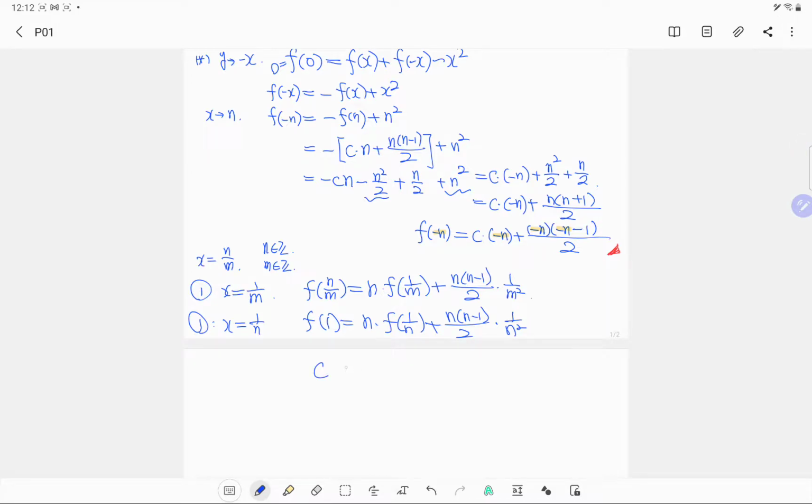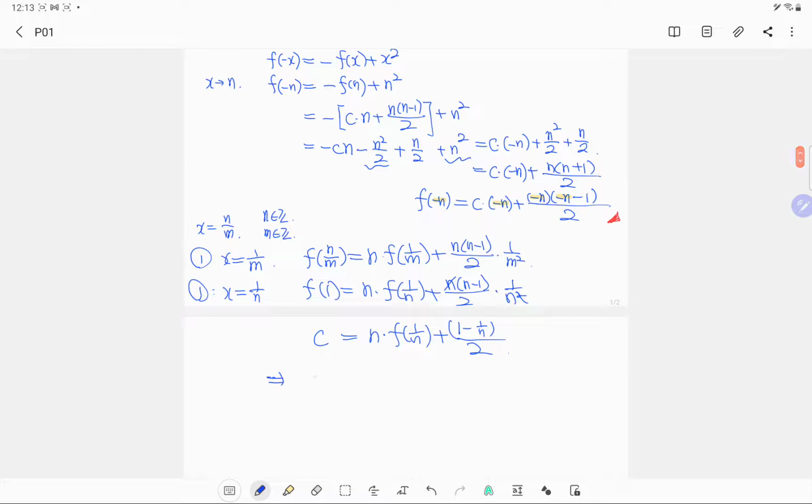So left side is c, and then n times f of 1 over n plus, it can just cancel n and then this one, and then we have (1 minus 1 over n) over 2. So we can slightly rearrange the term, so it will become 1 over n times c minus (1 minus 1 over n) over 2, something like this.